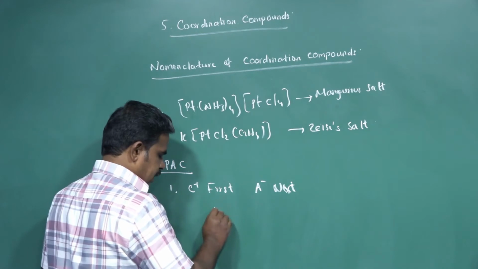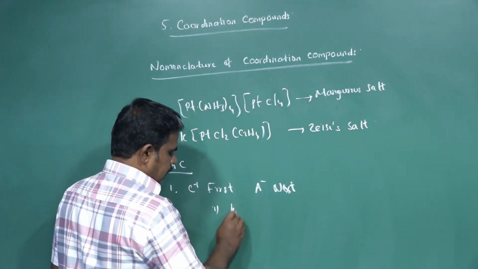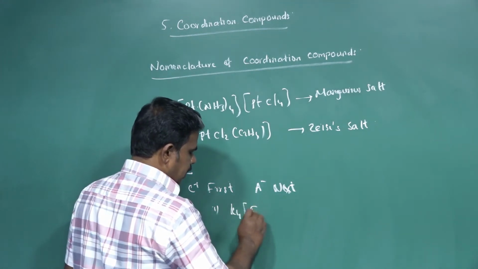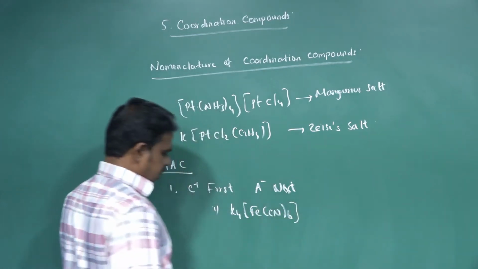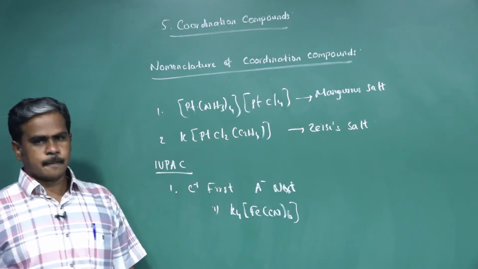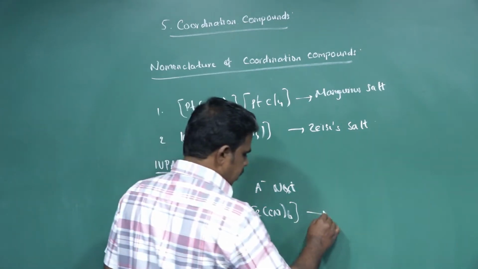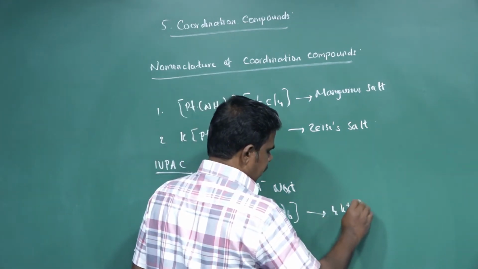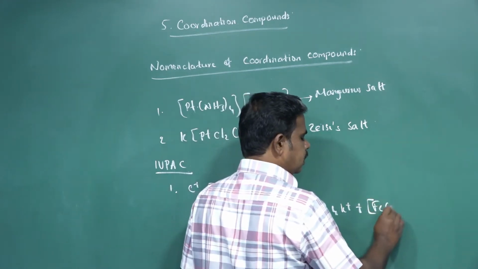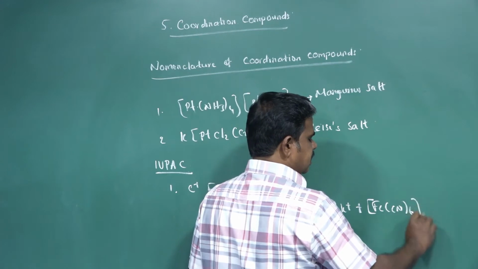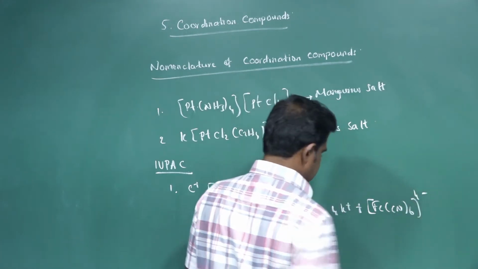Suppose we take here K4[Fe(CN)6], and which one is the cation? Now we may split it here, that is 4K+ and [Fe(CN)6]4-.